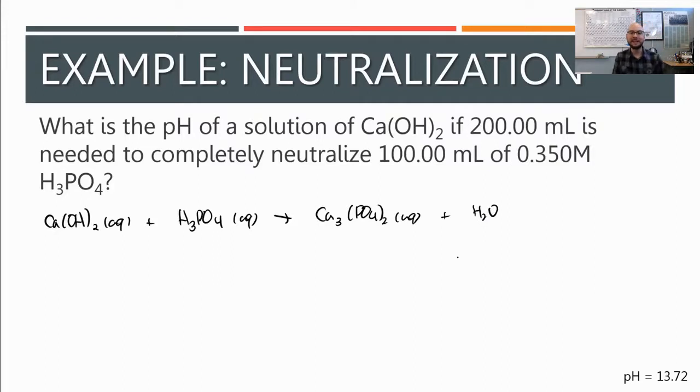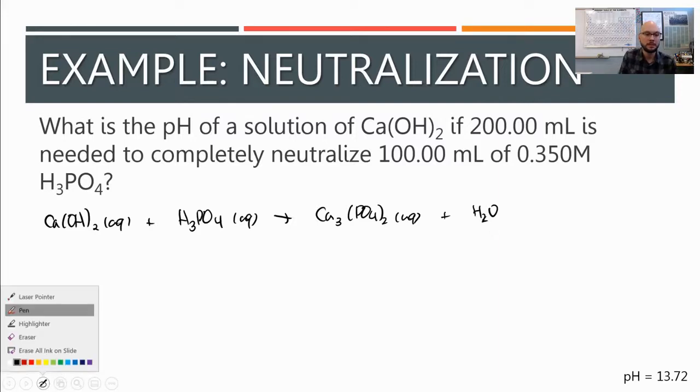Now, again, instead of balancing by ions here, I'd like to balance by hydroxides and H pluses. So we can see that phosphoric acid is triprotic, donating 3 H pluses, while calcium hydroxide donates 2 hydroxide. So I can't make either one of those equal, so I'm going to get them both to 6. And so when I do that, this becomes 3, this becomes 2.